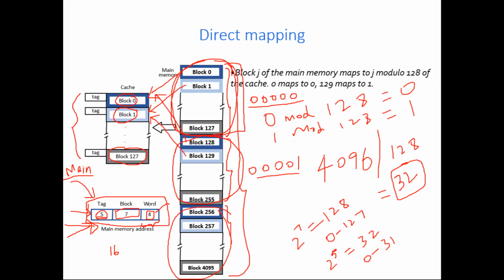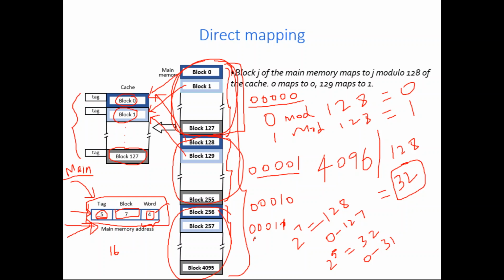Similarly, for the third set of 128 blocks, what will be the value of those 5 bits? 0 0 0 1 0, which is 2. Similarly, for the fourth set of 128 blocks, what will be those 5 bits? This is 3, 0 0 0 1 1.